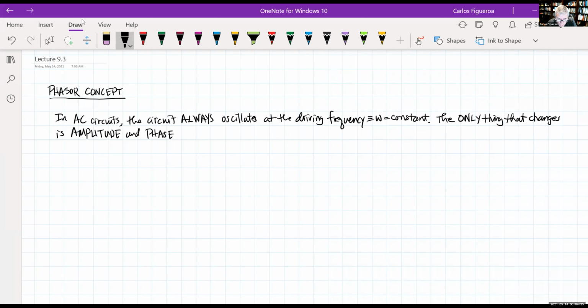And so what we can do here, if I write our solution, is write it in complex form. The whole point of that form is that, let me write this in a slightly different way. Our solution always had this form.